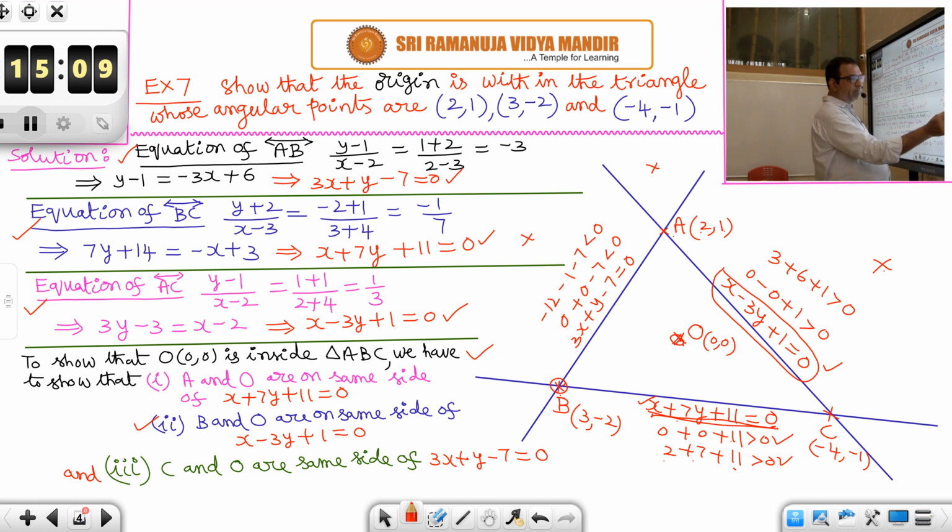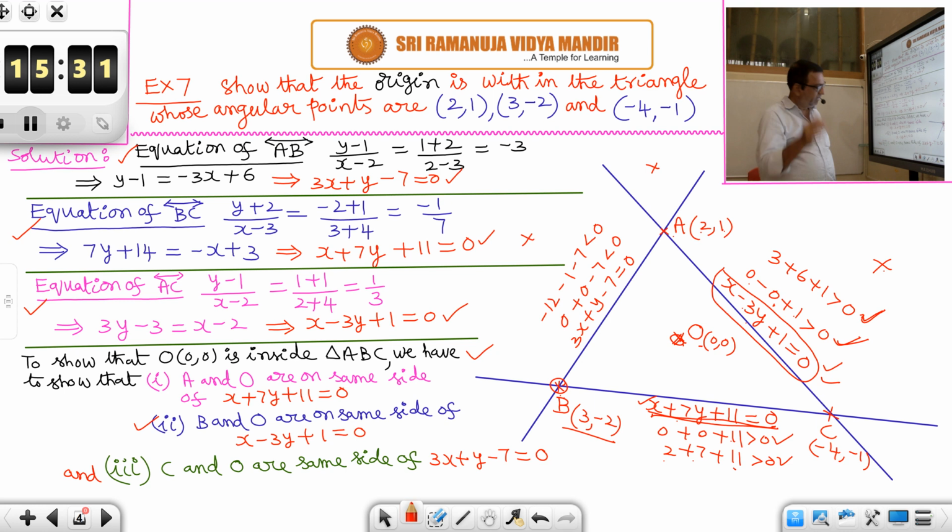So that also I am checking. Put origin in the line, you will get 0 minus 0 plus 1, which is greater than 0. Put the point 3, minus 2 in this line. 3 minus minus 2 means you will get plus 6, plus 1, which is also greater than 0. You got both greater than 0, which means origin and B are on the same side of the line.